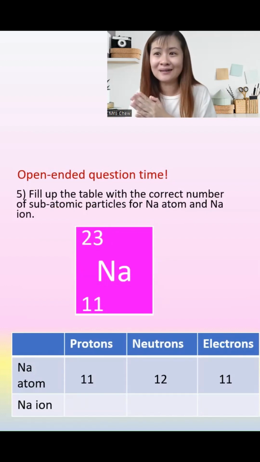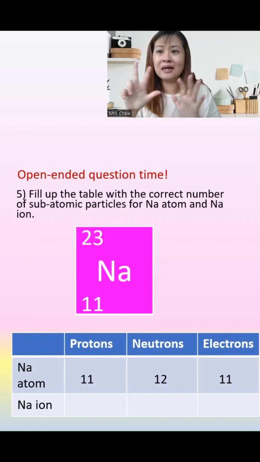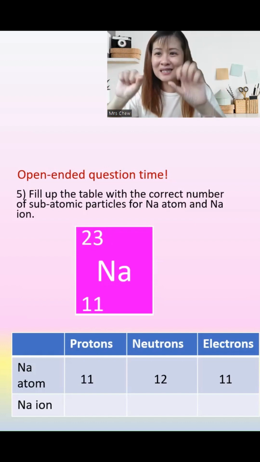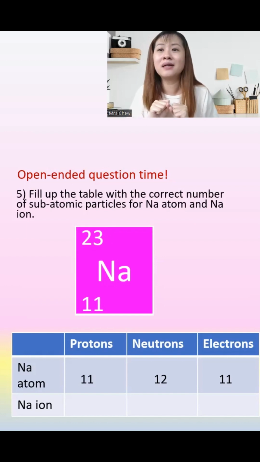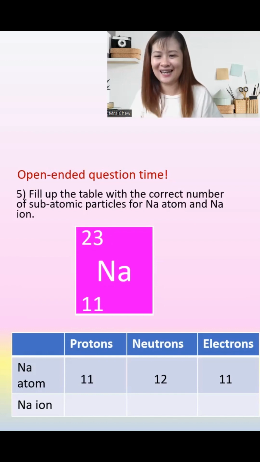Whereas for non-metals like chlorine, which is in group 7, in order to fulfill 8, it either gains 1 or has to lose 7. So it will gain 1.